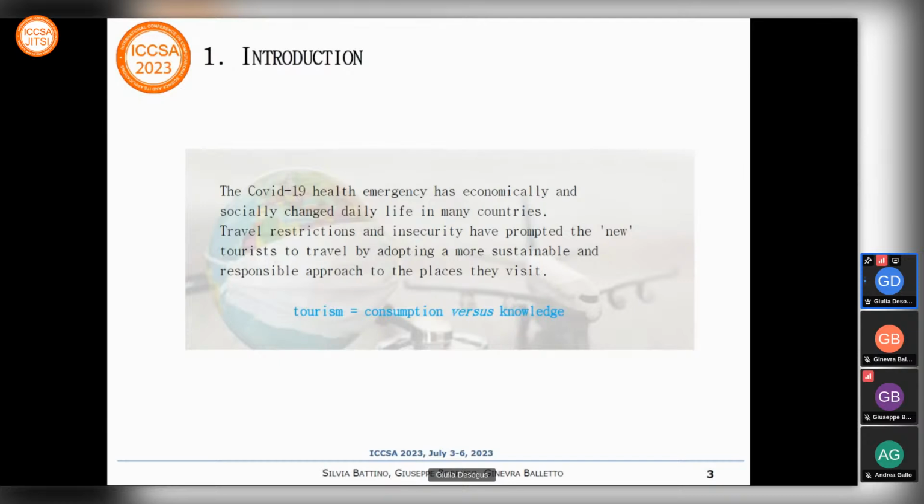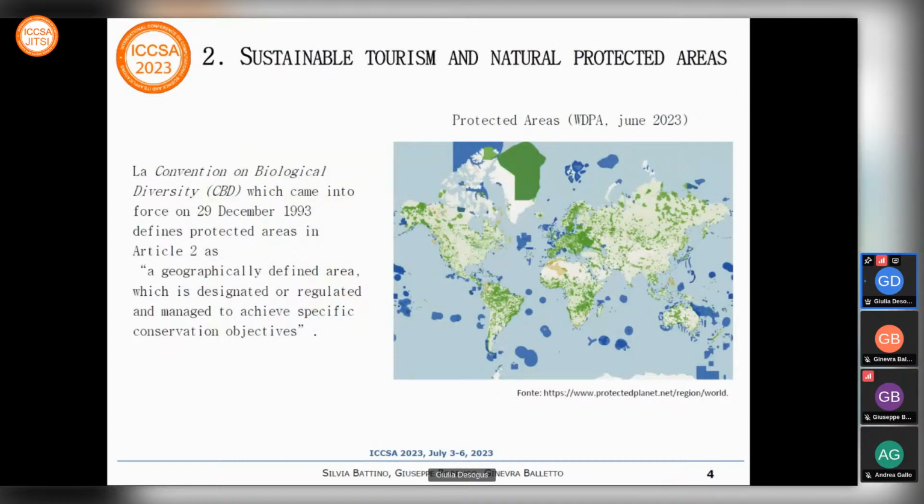And the preference falls on activities in contact with nature and local culture, where the active participation of the tourist prevails. And therefore, the pandemic has opened up new opportunities to rethink the way of nature-based tourism, particularly in protected areas, and directly towards sustainability goals.